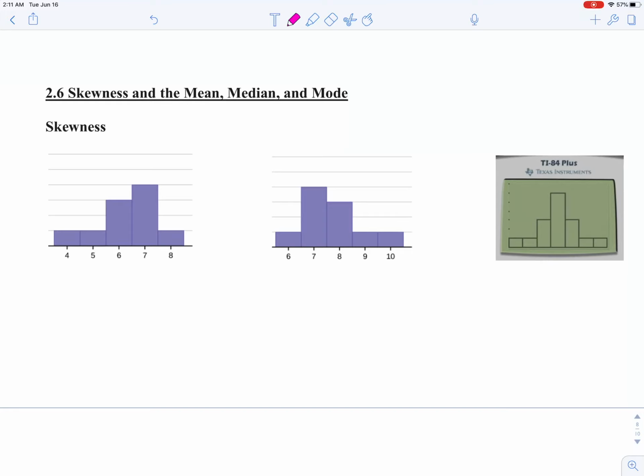All right, next thing we're going to talk about is skewness and the mean, median, and mode. So skewness just means, well, you've heard that word, skewed. If something is skewed, it's kind of off, right? So that's what this is, skewness.